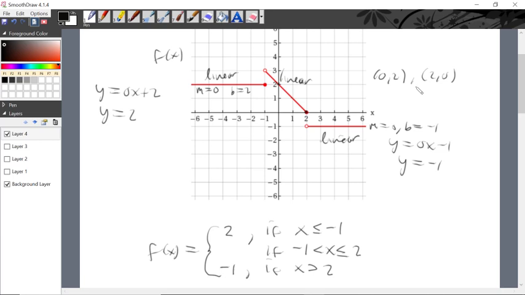These 2 points then define a unique line. The unique line defined by those 2 points, we can find the value of m, which is equal to y2 minus y1 over x2 minus x1.